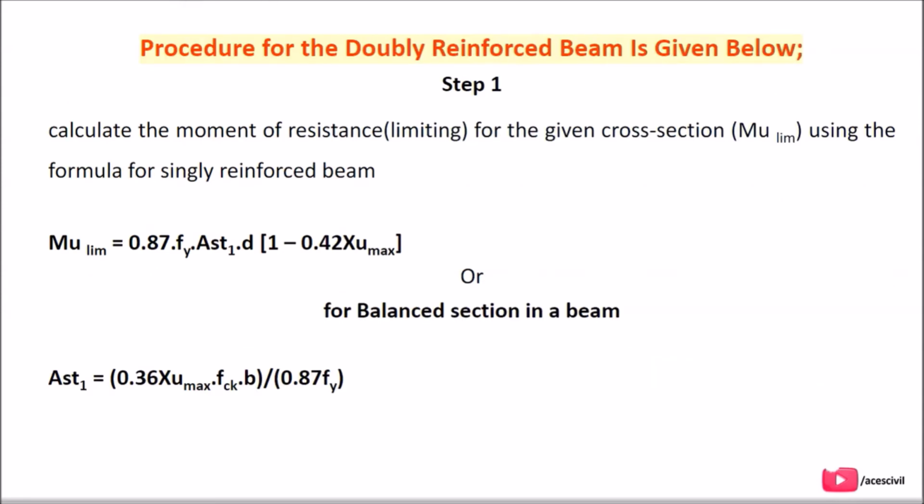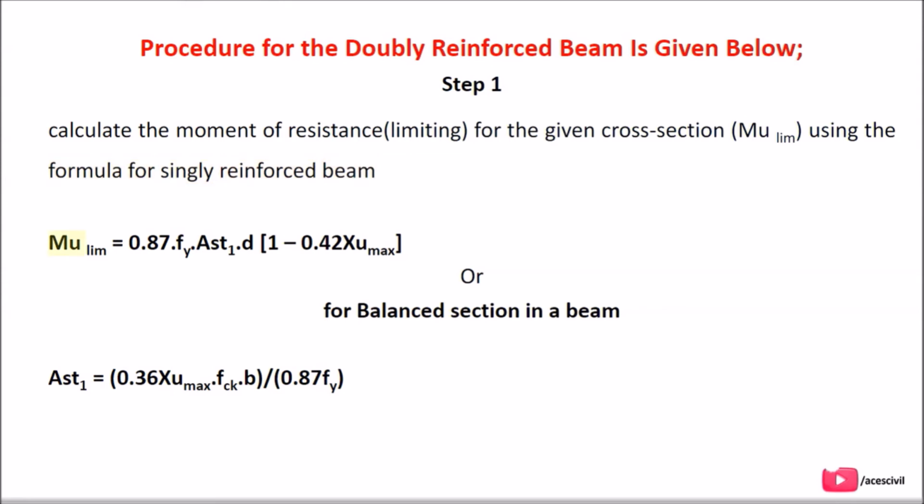Procedure for the doubly reinforced beam is given below. Step 1. Calculate the limiting moment of resistance for the given cross-section, Mu lim, using the formula for a singly reinforced beam.